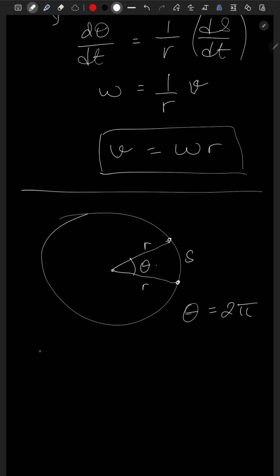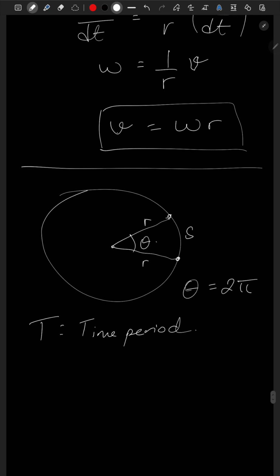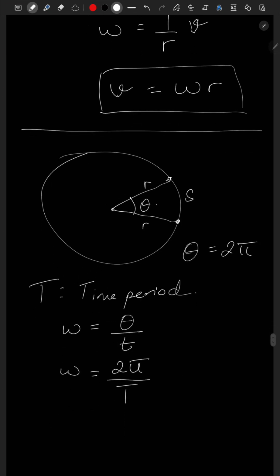If I want to know the time period, T is the time period, which is when the particle has completed a whole rotation. So this is called the time period. Now omega is theta divided by t. So theta is 2 pi and t is the time period for the particle. So omega is 2 pi divided by the time period.